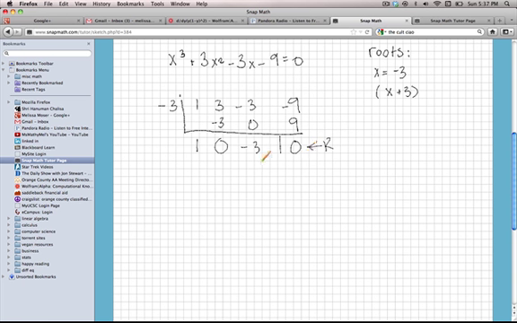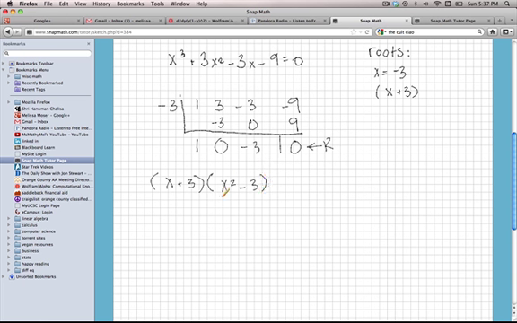So this is indeed a root, which means that this equation factors into x plus 3 times, we're going to reduce the degree of the exponent by 1 and input these coefficients. So this will be x squared plus 0x minus 3.